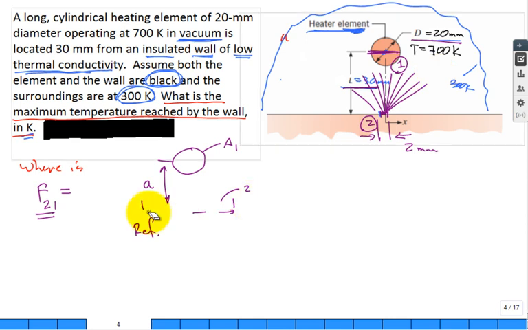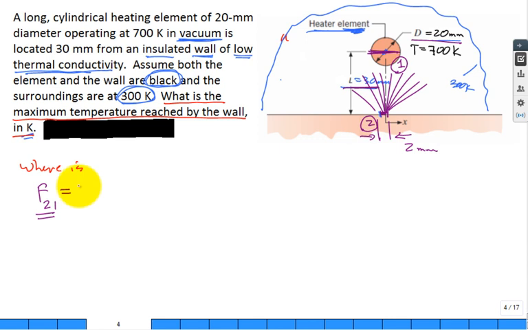Okay, now that we have that view factor, 2 to 1 is 1/3. The view factor 2 to 3 is 2/3. This is surface 3 out here. What is the temperature of surface 3? 300 Kelvin, the surroundings. What we want to do is an energy balance. Energy balance for what?